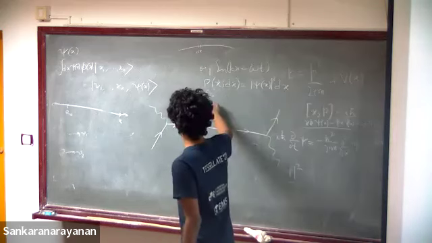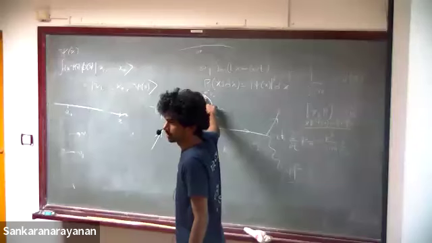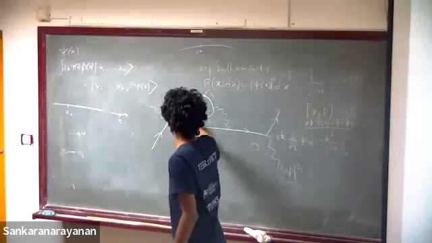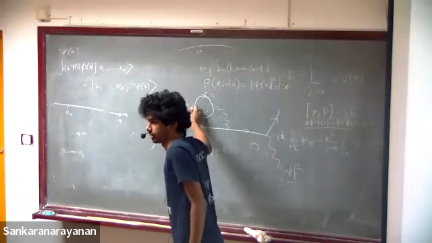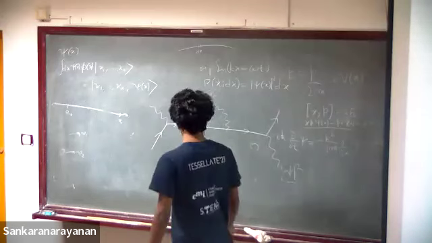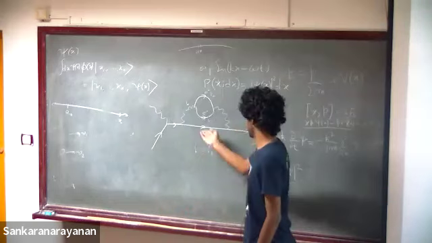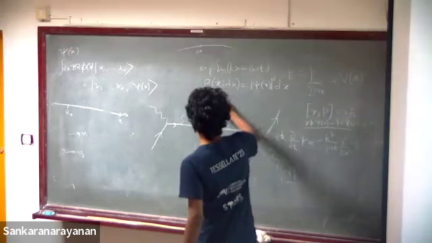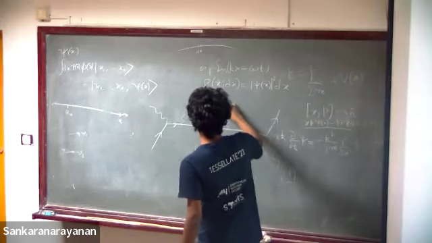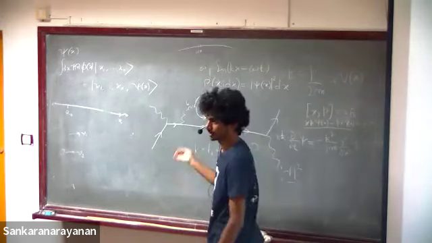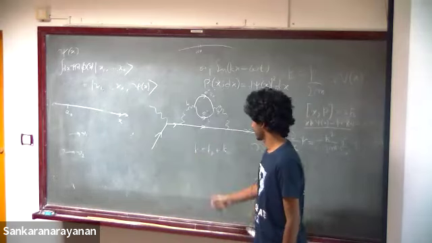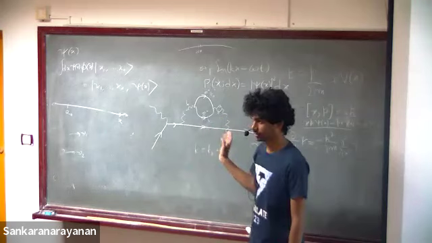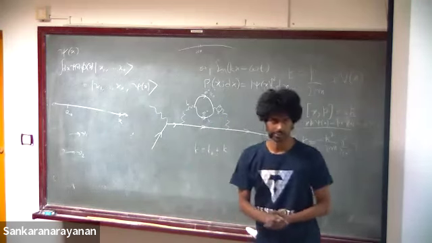So the total momentum of the electron and the positron will be the same as the momentum of this photon, if that's clear. So you can have such diagrams. In fact, you can have another loop in the middle of this and it's allowed. It's just that the more loops you have, the less the diagram contributes to the amplitude.